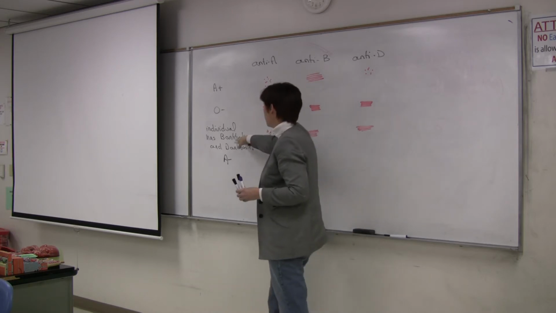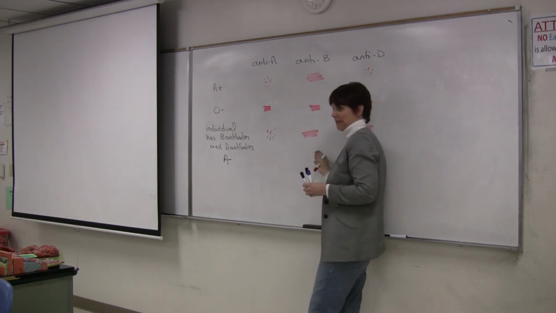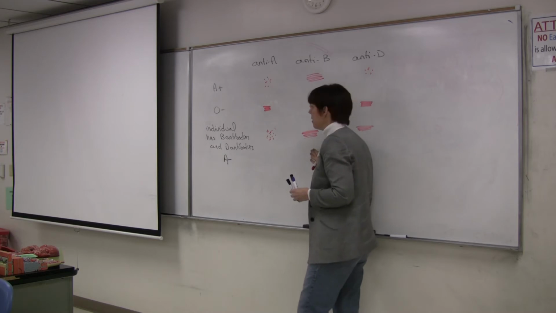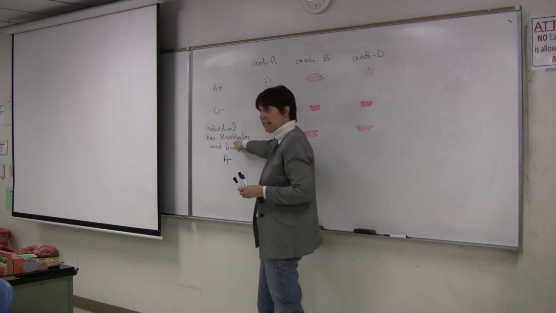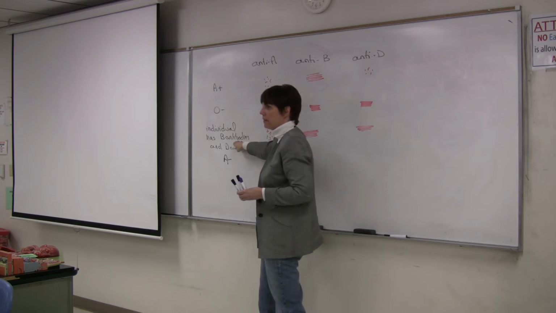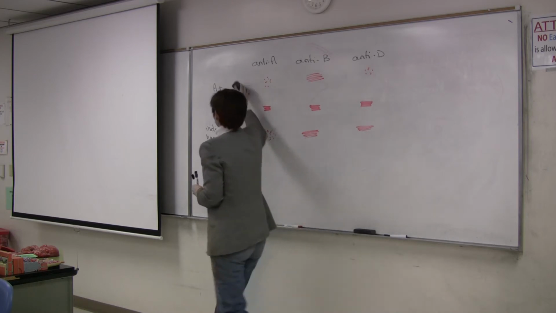So knowing that he had B antibodies has nothing to do with these B antibodies. We're looking for the B antigen, and the fact that he has B antibodies means he doesn't have the B antigen. You would never have antibodies for an antigen that your cells demonstrate. Okay? So again, if that doesn't make sense, during lab time we can look at it some more.